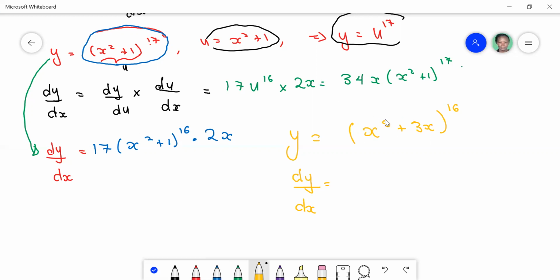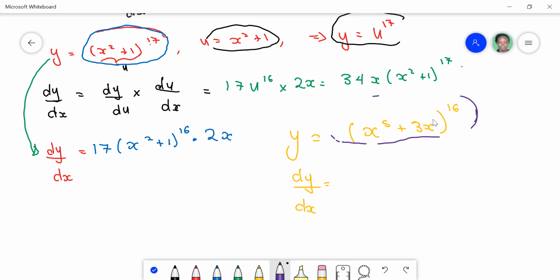That is where you are looking at your chain rule and your composite function. So it says, if I have something like this, the first thing to do is differentiate the whole of this function. So I treat this function, x to the power 5 plus 3x, as just one variable.